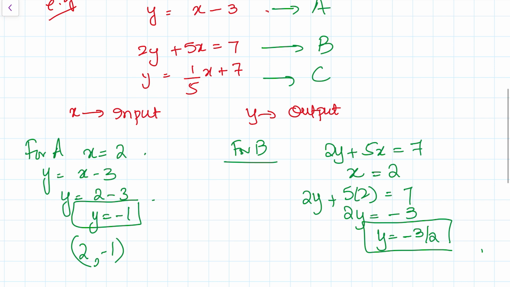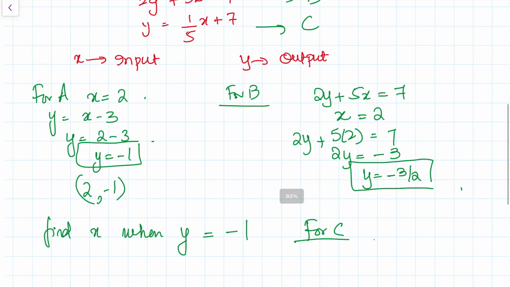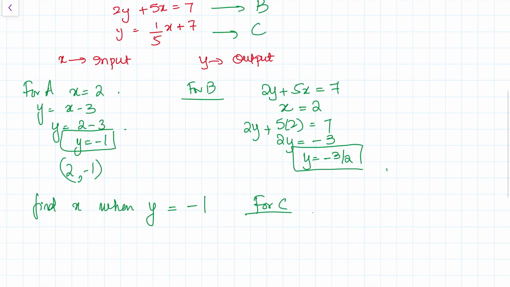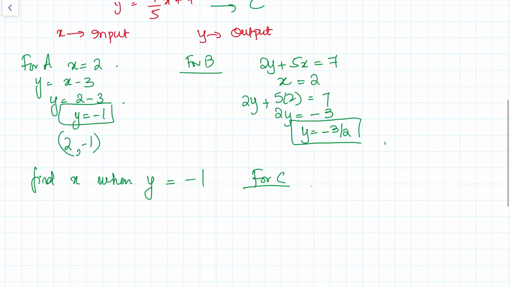All right. So in some cases, instead of giving you an input, they give you an output. For example, they say find x when y equals minus 1. This is for the c function. Let's apply it on the c function. These are not questions, this is just an explanation of how to handle different situations.